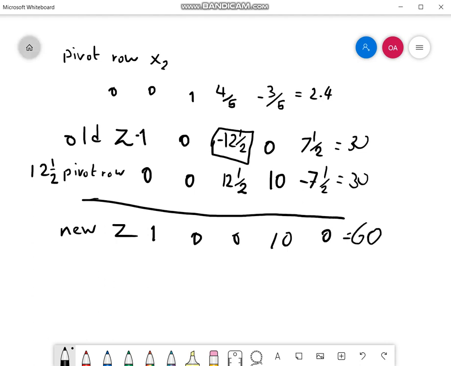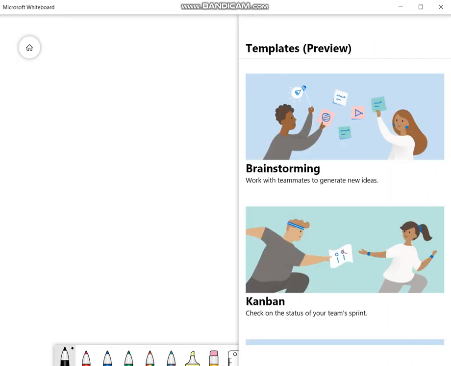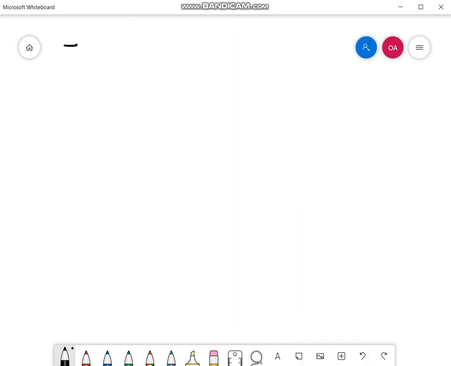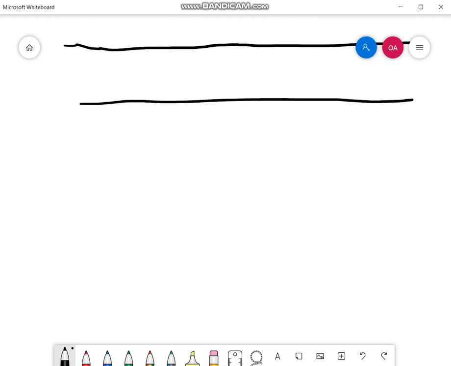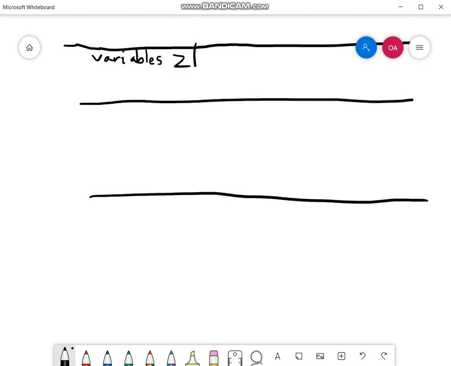So then add these three new constraints to my tableau. So these are my variables, which are z, x1, x2, s1, s2, and the right hand side.